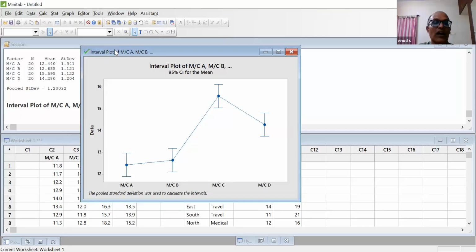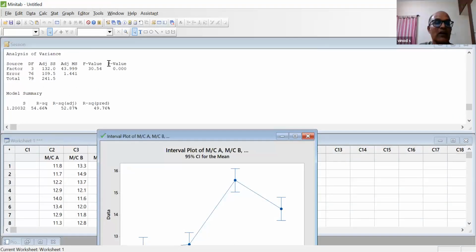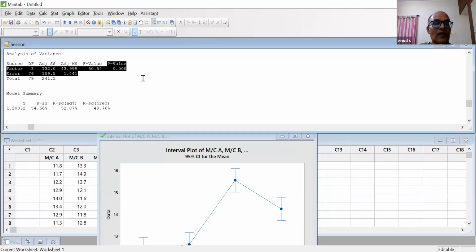But ultimately your conclusion is based on the p-value. What is the p-value? The p-value is 0, right? This table is called the ANOVA table, right? If I explain the ANOVA table now, you will get further confused, so we will just stick to the p-value alone.